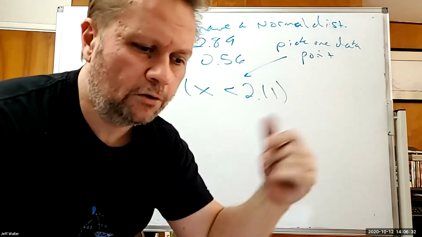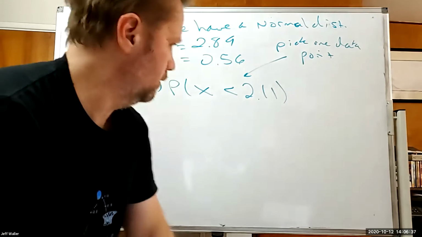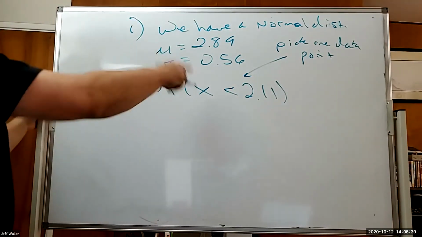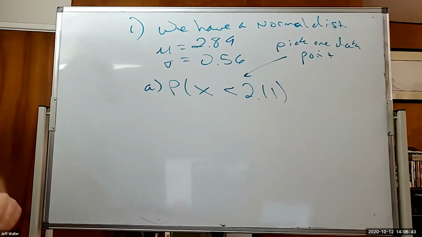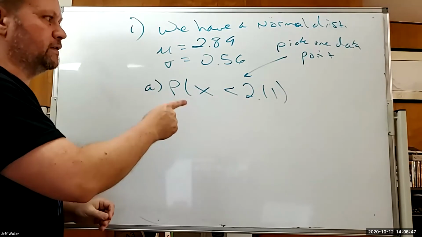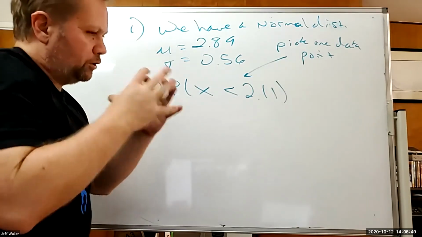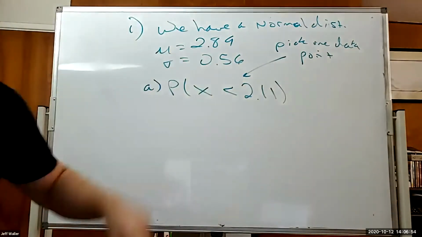Otherwise I can't use the chart of answers. So, do that problem. I'll wait. This is chapter 6, which is what the quiz is on today. You should be able to eat this one up: draw the picture, make the z-scores, look it up.